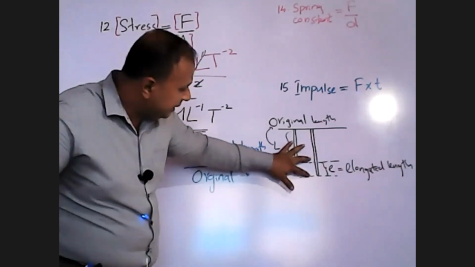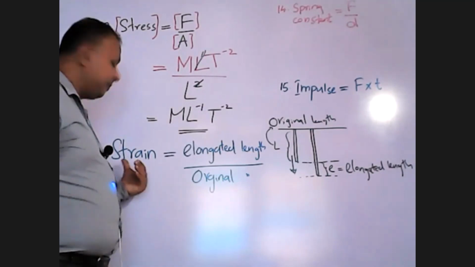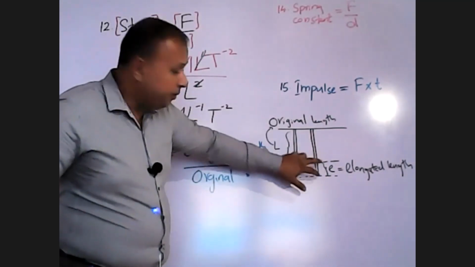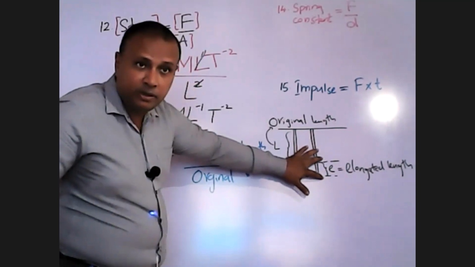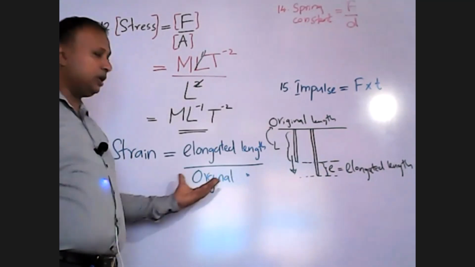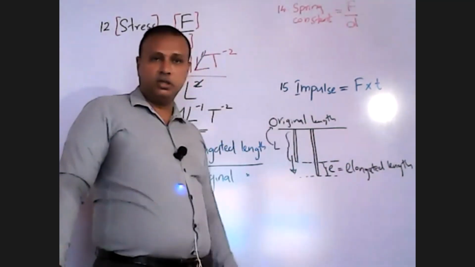So the strain is equal to the ratio between elongated length and original length.